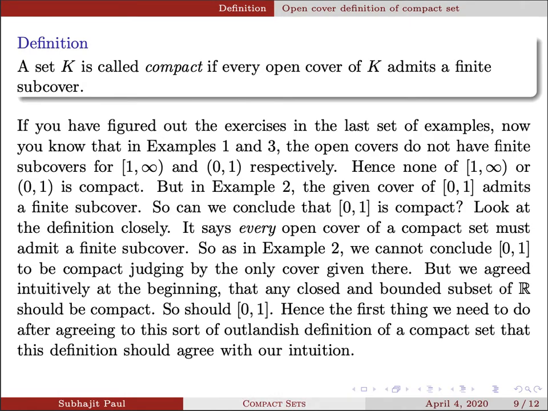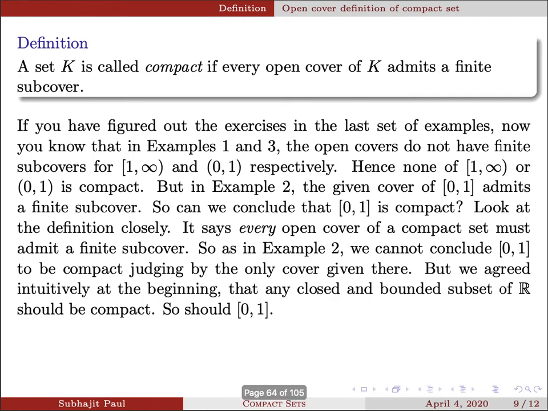So you understand the problem. For the closed interval [0, 1], we exhibited an open cover which gives us a finite subcover. That is very good. But the question is, will every cover generate a finite subcover?